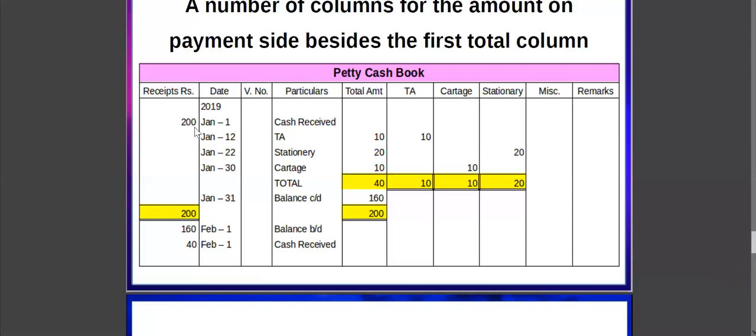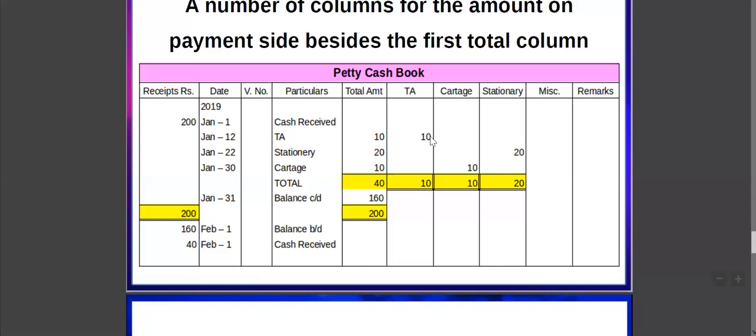The clerk receives the amount in advance for the purpose of meeting expenses. This is called advance, cash received from owner. In this entry, cash received 200. January 12, TA allowance 10,000.